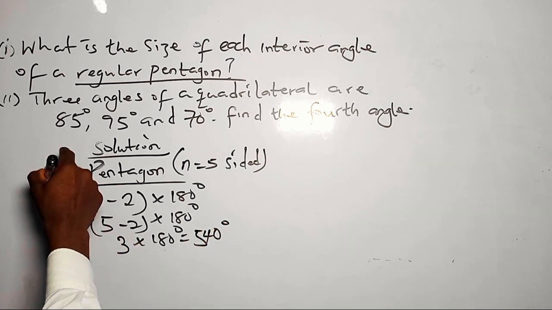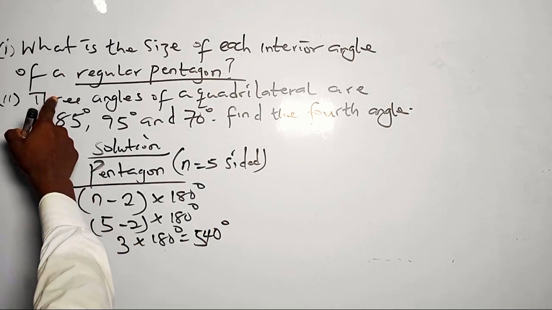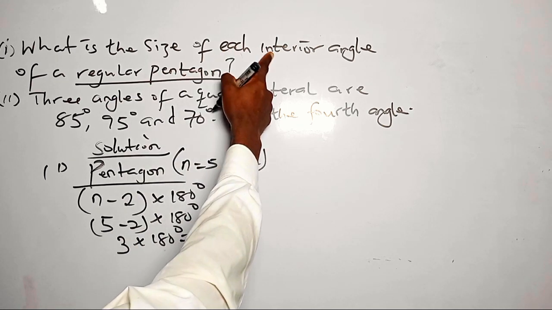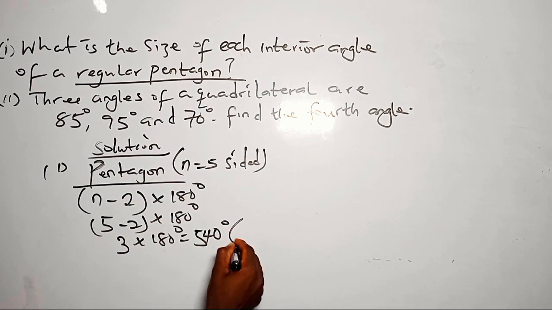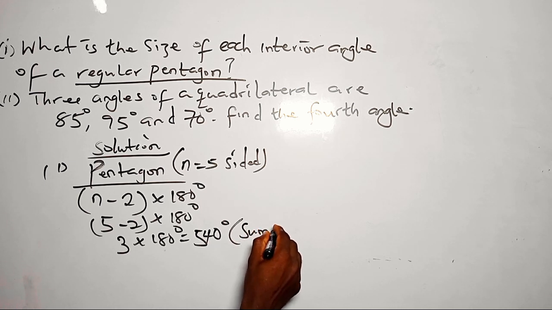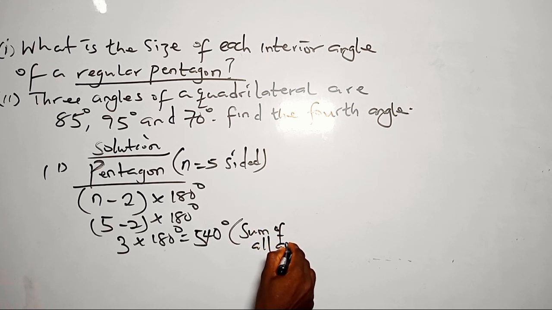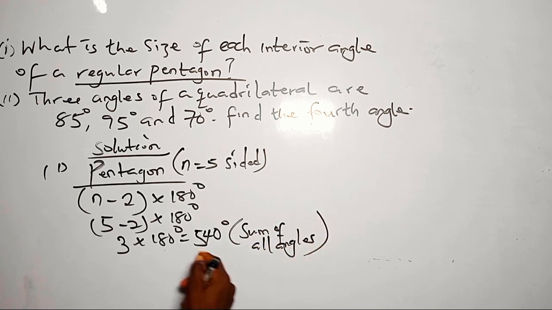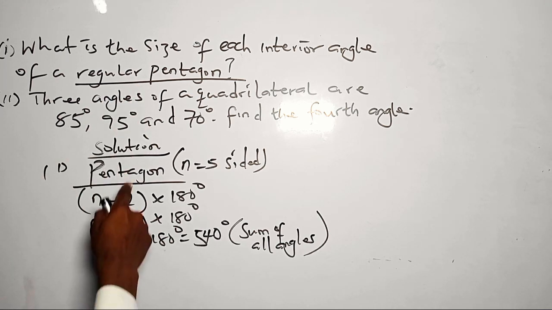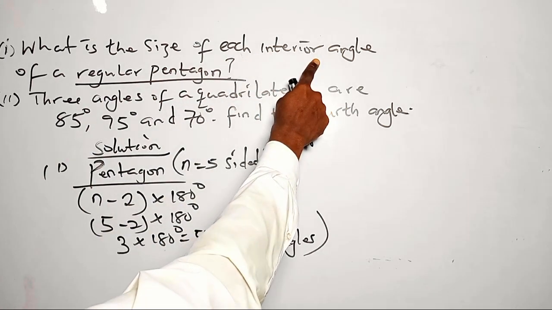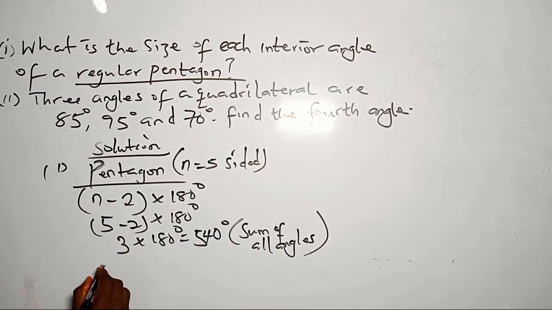But the question says we should find the size of each interior angle, not the sum. This one is the total, the sum of all angles in the pentagon, but we have to determine the size of each interior angle. So what do we do?